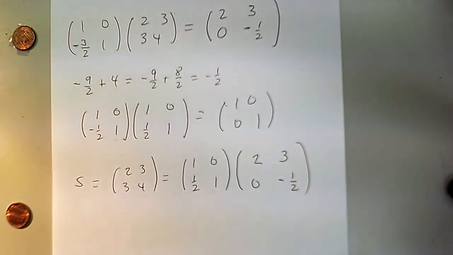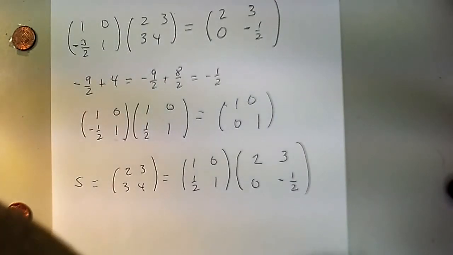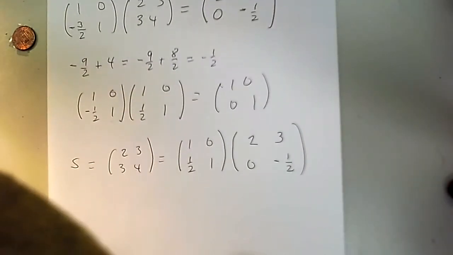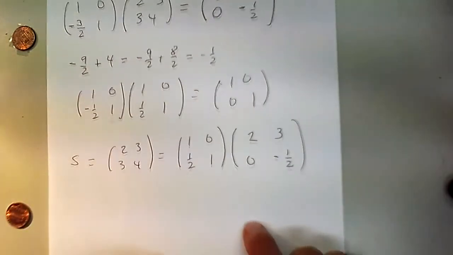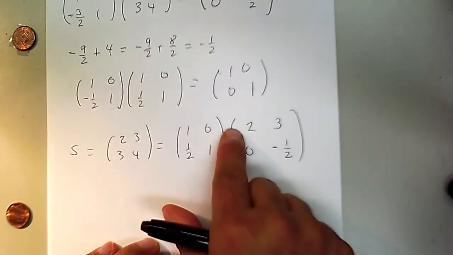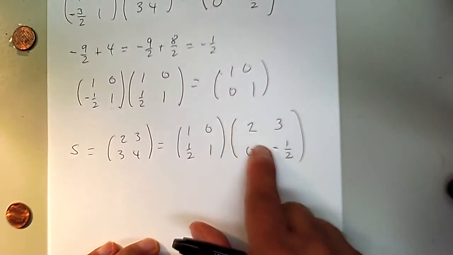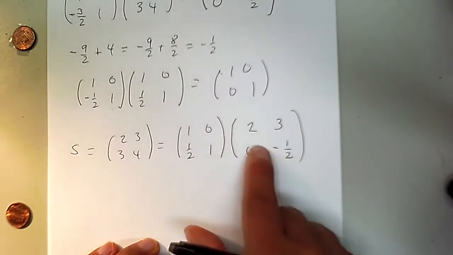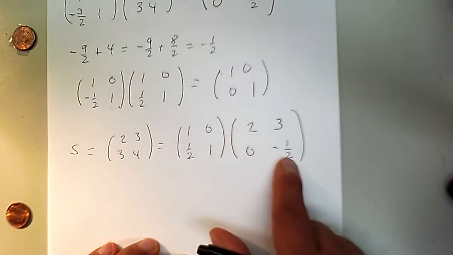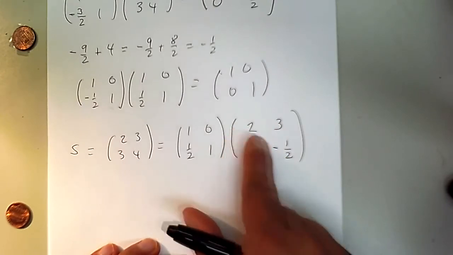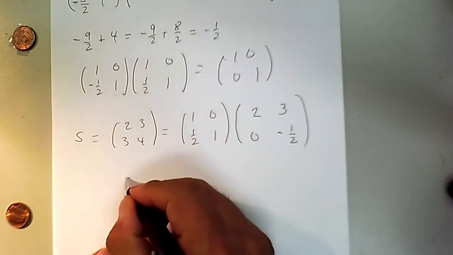Boy, this matrix is simple enough, but that's okay. However, we want to factor this further into an upper unit triangular matrix. So this is not unit triangular. It is upper triangular, but not unit triangular. We want to have ones here. That's easy to fix.